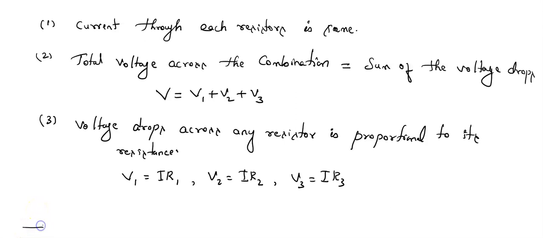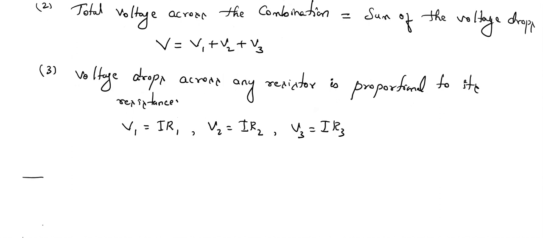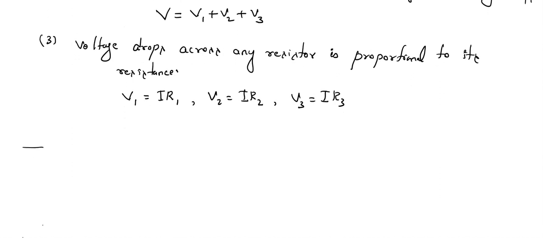So V1 is equal to IR1, V2 is equal to IR2, V3 is equal to IR3. Okay, so by using this condition you can check the voltage drop across any resistor.